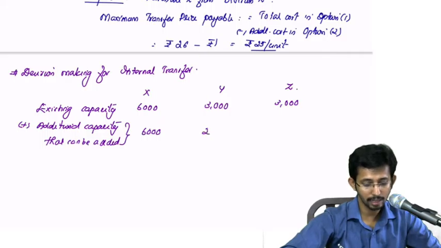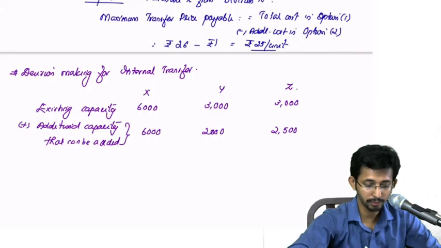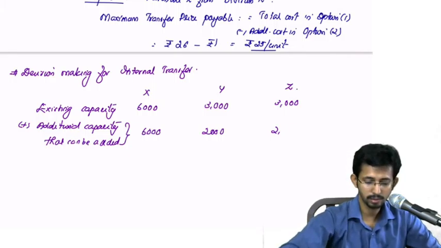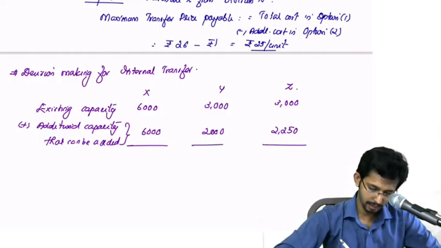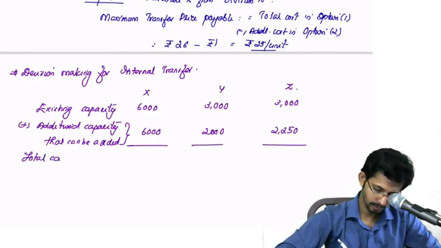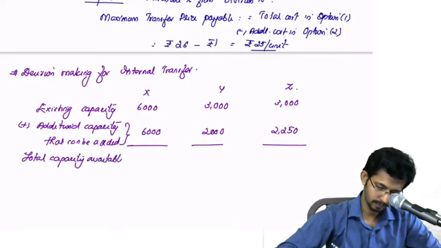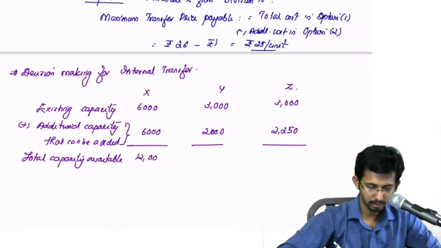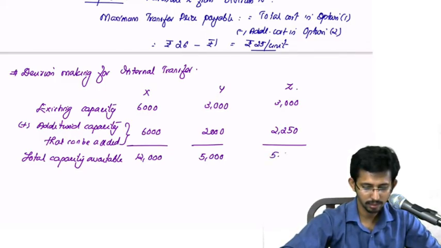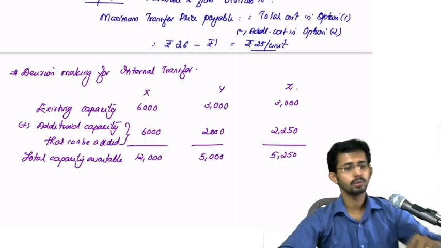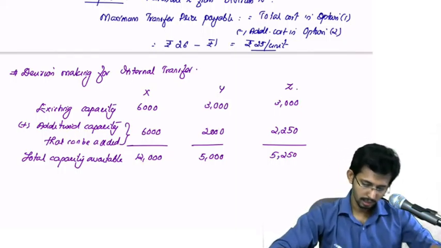Here you can add up to 2,000. Here you can add up to 2,250, 2,250. So total capacity available, here it is 12,000, 5,000, and here 5,250, 5,250.